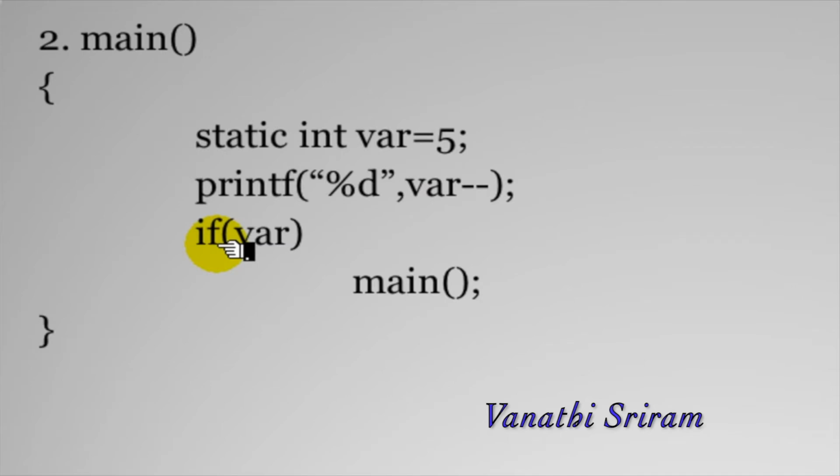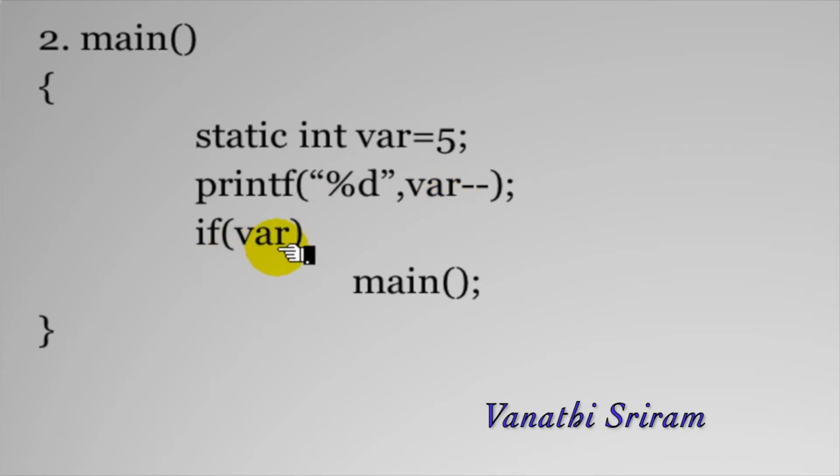So if of 3. As we have already discussed, for all true values, positive and negative other than 0, it will be taken as if of 1, thus calling main again recursively. And now the value of var will be displayed as 3, decrementing it to 2.